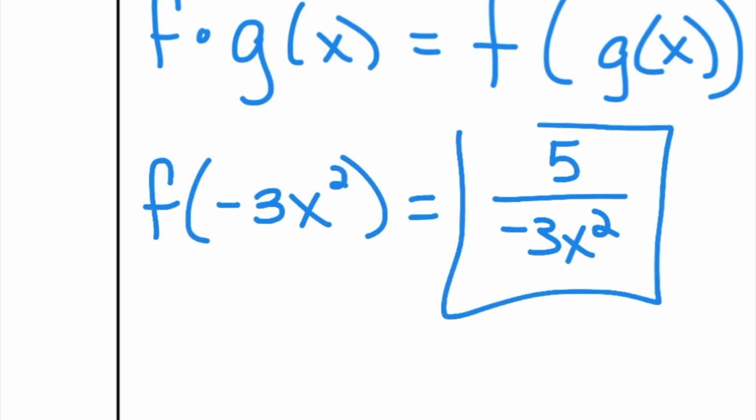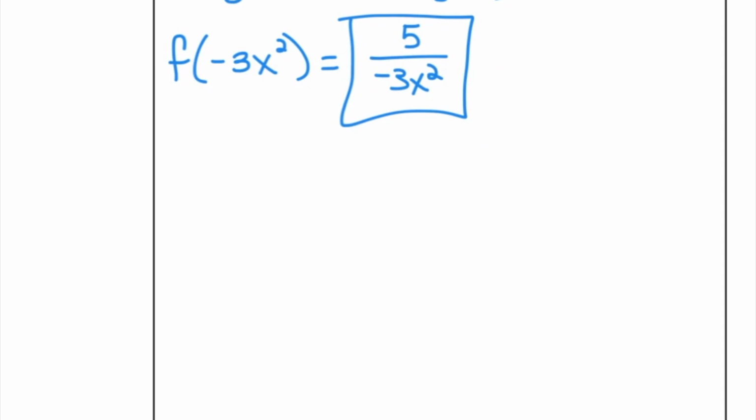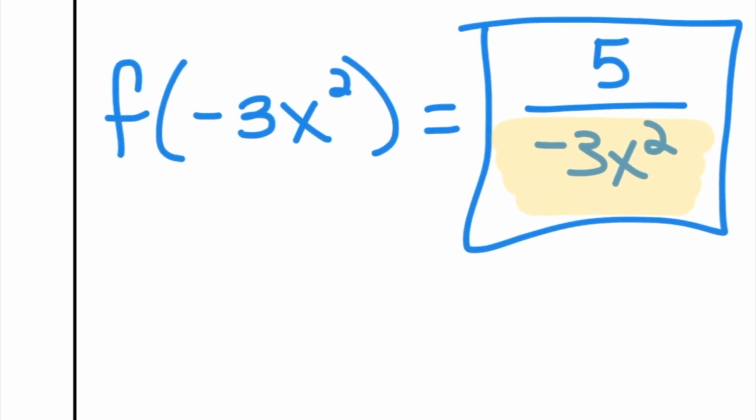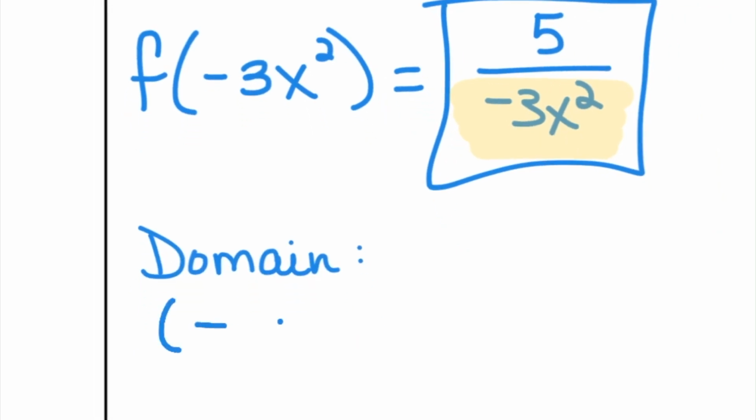And that's it. That's your expression. That's the answer. Now, you can't have a zero denominator, and the directions ask you to comment on the domain, even though I didn't put a little spot for it. So just tell me here that your domain is going to be all real numbers except 0.